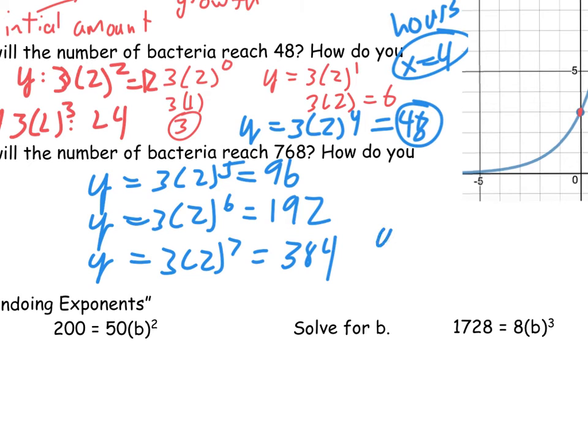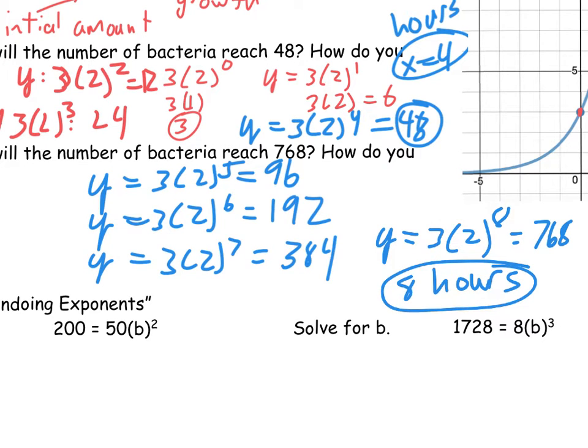So if I do y equals 3 times 2 to the 8th, go back, hit 8, and there it is, 768. So it would take 8 hours to get 768 bacteria in this culture, whatever they're working with. So that's just a little bit with exponential growth.